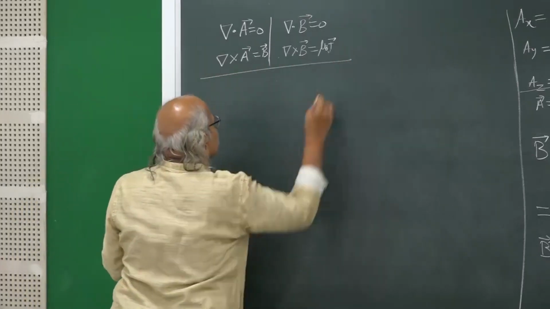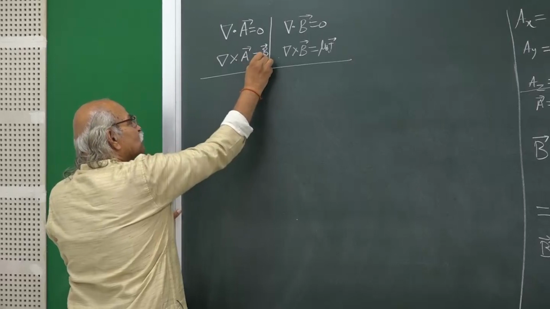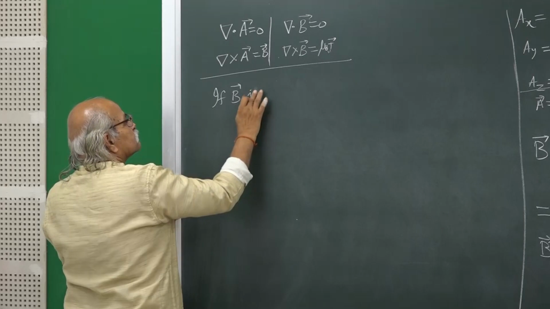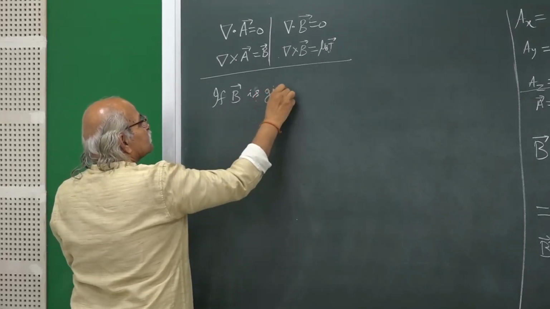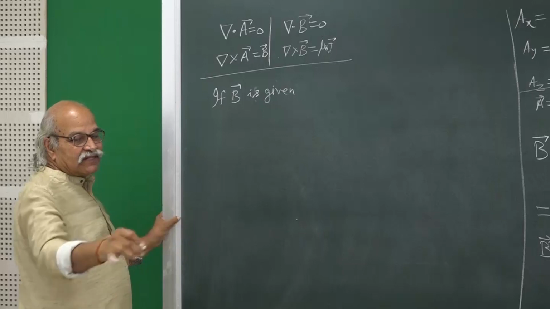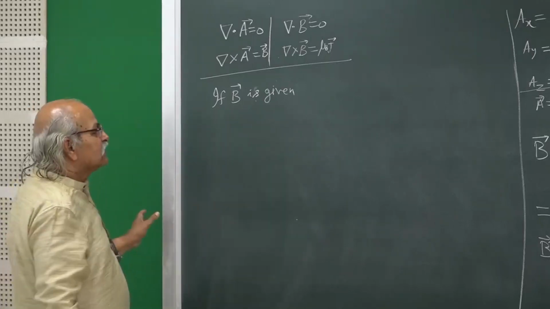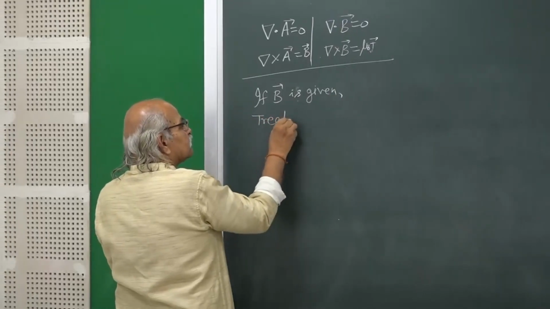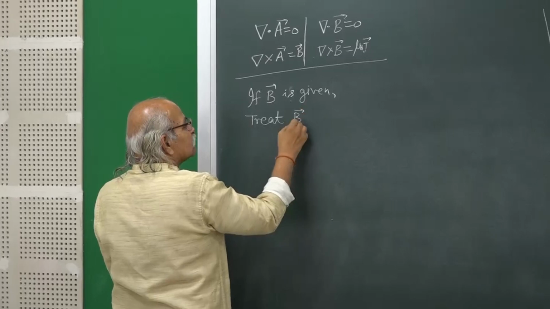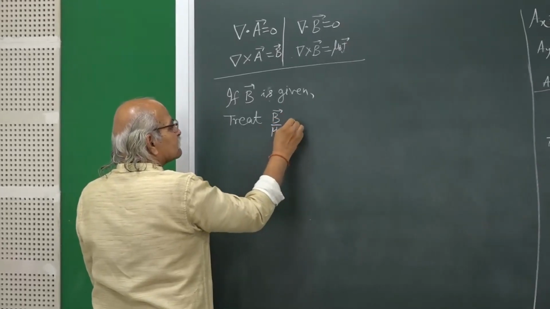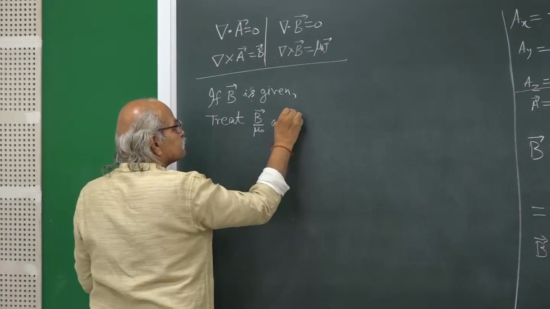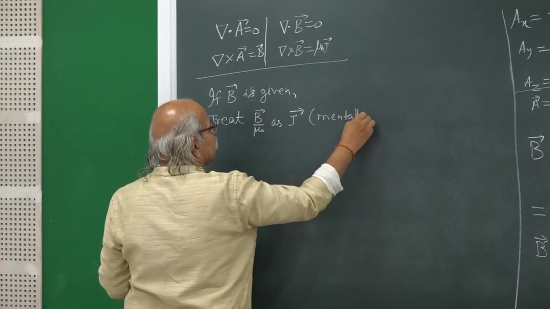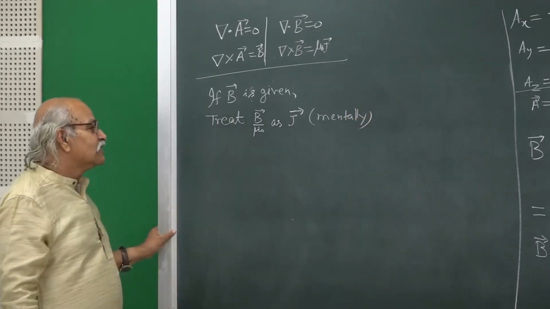So, what I am proposing is, if B is known to you, if B is given, meaning as a function of space points everywhere the expression for B is known, then treat this B, or B by mu naught, as J. Mentally, it is virtual, it is not real.